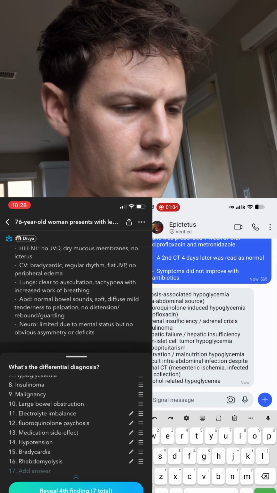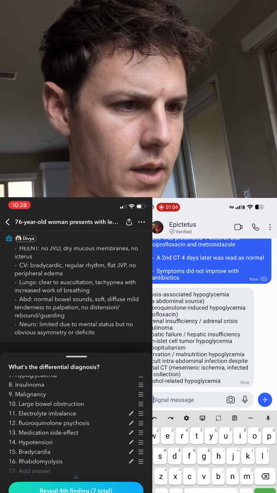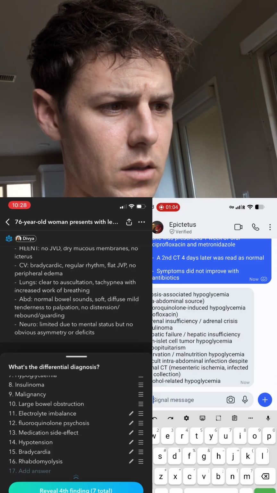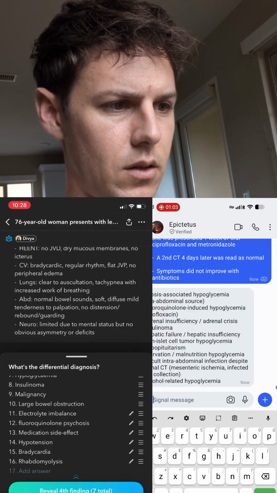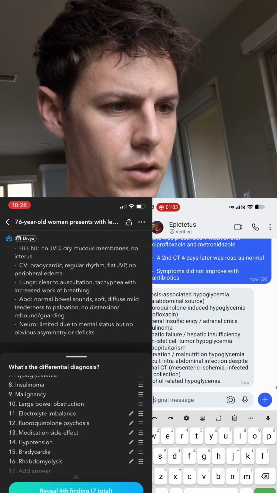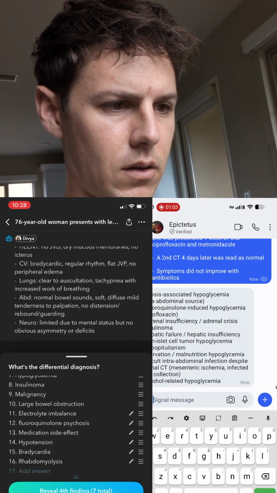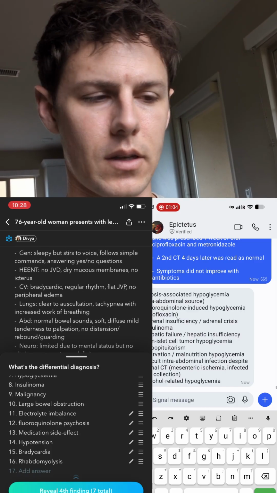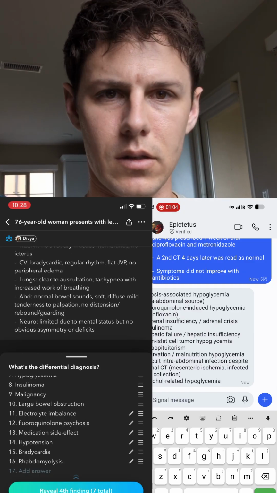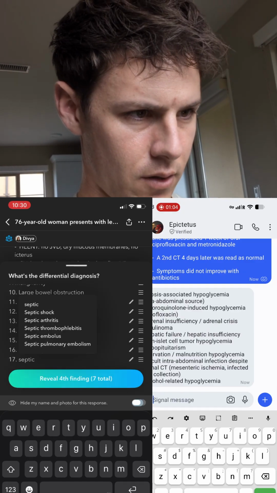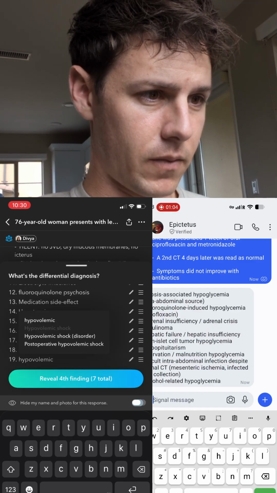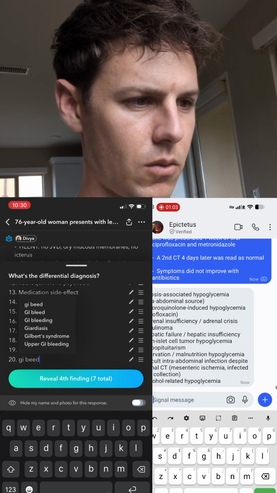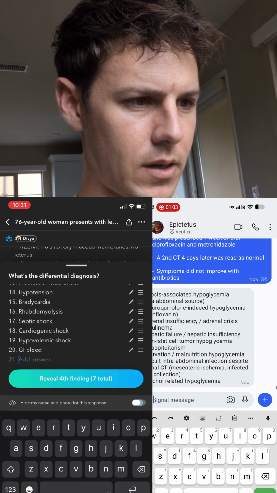Lungs clear to auscultation, tachypnea with increased work of breathing. Abdominal, normal bowel sounds, soft, diffuse mild tenderness to palpation, no distension, rebound, or guarding. Neuro is limited due to mental status, but no obvious asymmetry or deficits. Cardiogenic shock, septic shock, hypovolemic shock. It's probably not peritonitis or a bowel perforation.